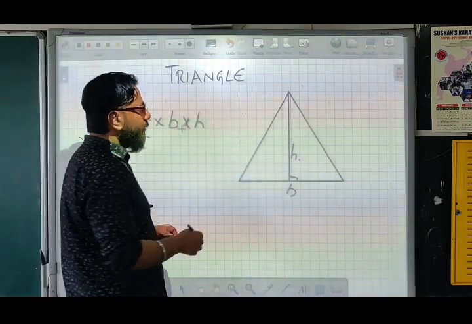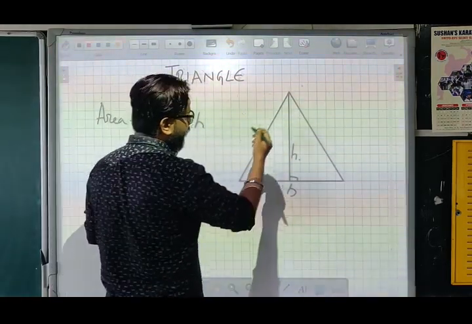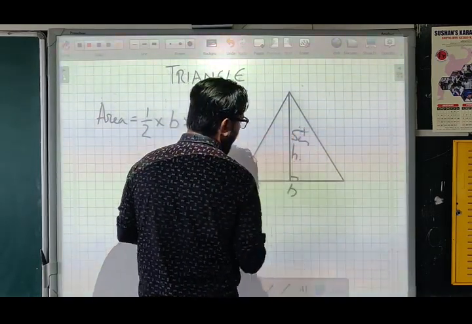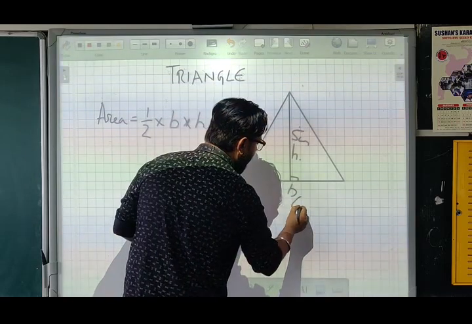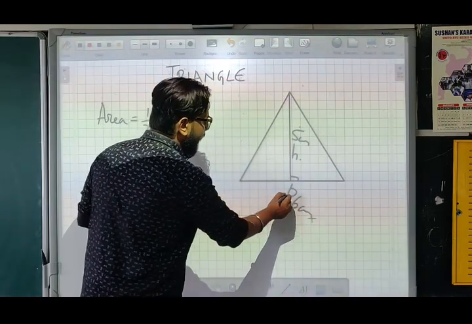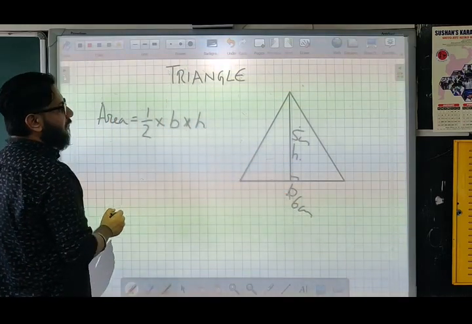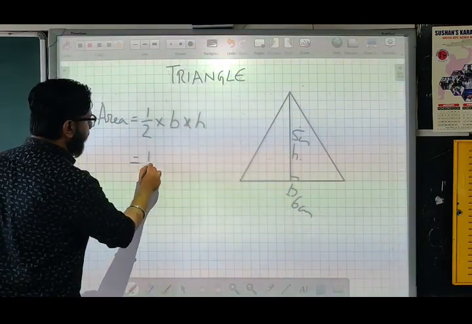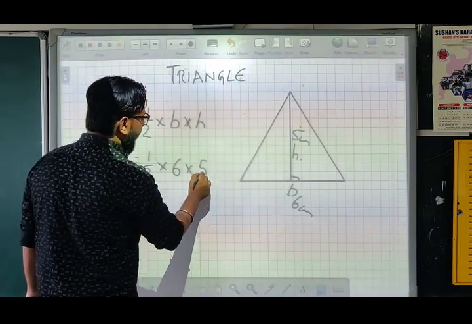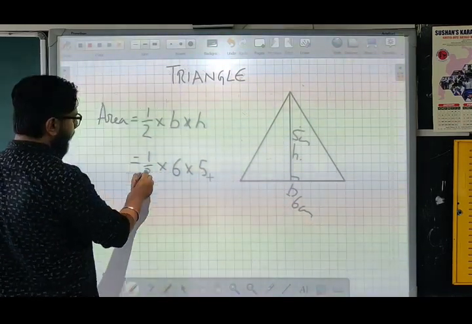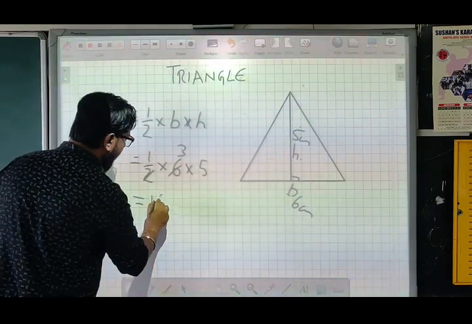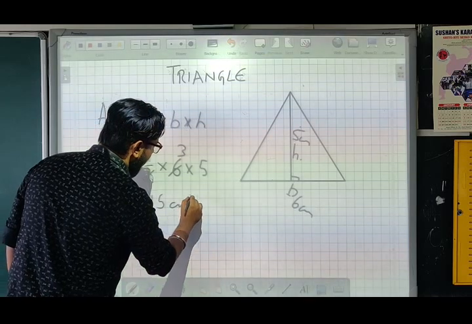Now let's take h as 5 centimeter and b as 6 centimeter. So the base is 6 centimeter and the height is 5 centimeter. Let's calculate it. Half into 6 into 5, 2 cancels 6 to give 3, and 3 into 5 is 15. So the answer is 15 centimeter square.